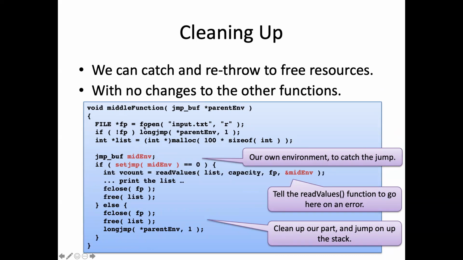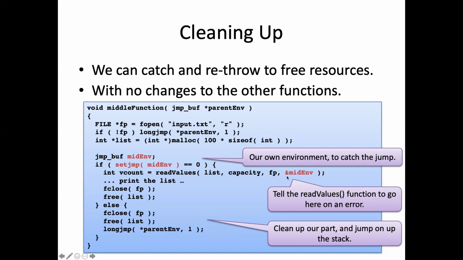We still open a file, we still malloc some space for a list, but when we call read values, instead of telling it to jump all the way back to code in our parent, we make our own environment. That's what I'm pointing to here. We declare our own environment and we snapshot where we are on the stack here. And then when we call this read values function, we say, jump back to here if an error happens.